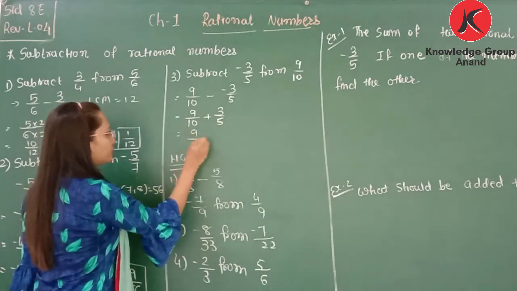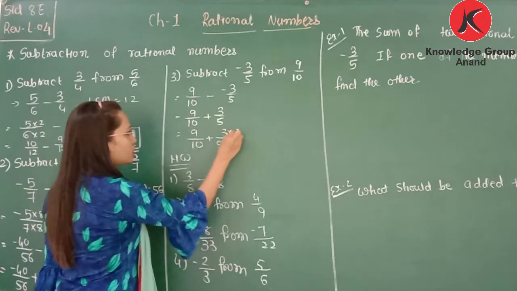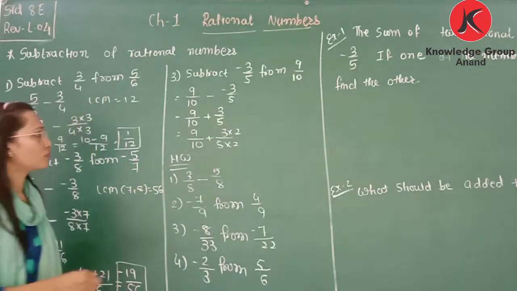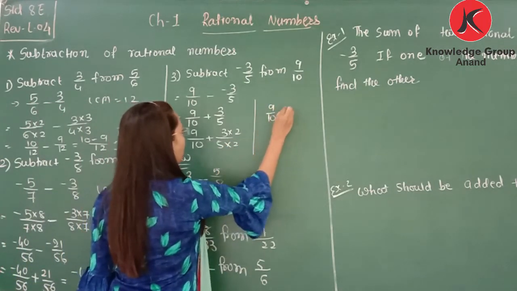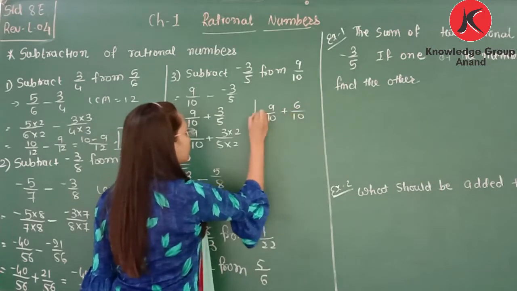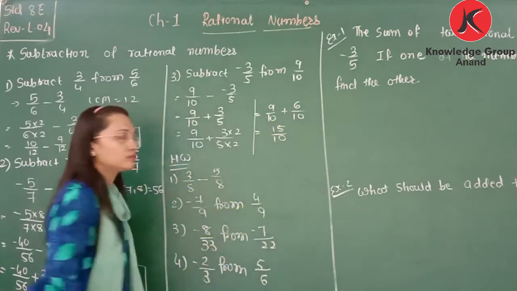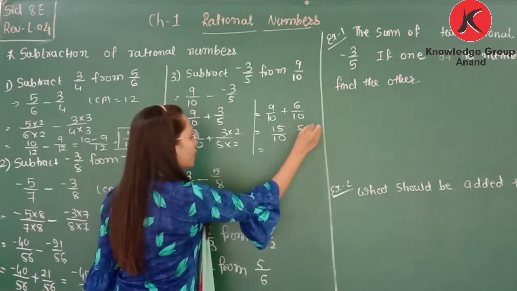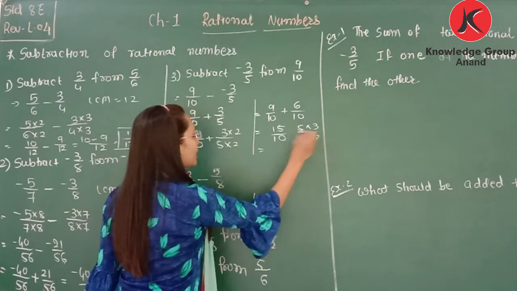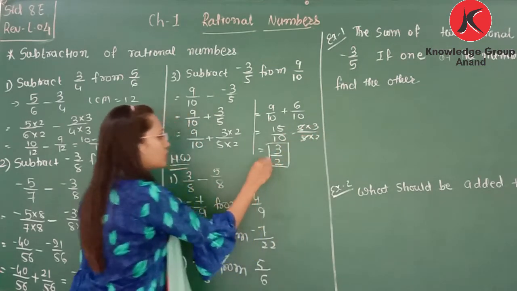So here 3 by 5 needs to be multiplied by 2. So we have 9 by 10 plus 6 by 10. 9 plus 6 is 15 by 10. Now cut the common factor, 5 3s are 15 and 5 2s are 10. So 5 will be cancelled out. So the answer is 3 by 2.